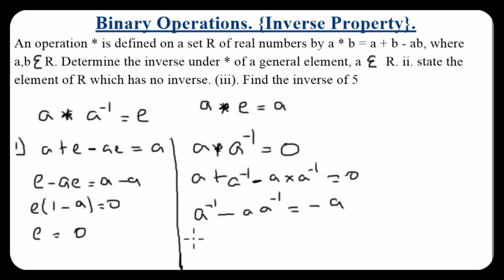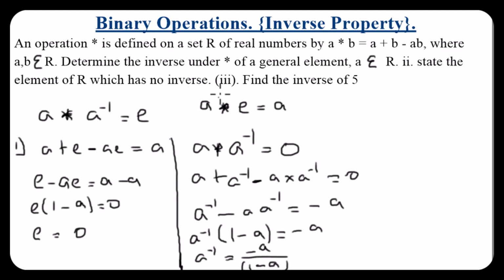Factorizing this, I'll have A inverse in the bracket of 1 minus A, and this is equal to minus A. And lastly, I divide both sides by 1 minus A. So my A inverse is equal to minus A over 1 minus A. So this is my A inverse.